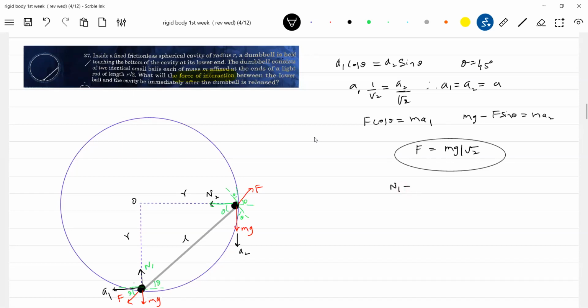So N1 minus mg minus F sin theta equals 0. We know F, we know mg. So from that we'll get N1. This will be mg by root 2, this is 1 by root 2.